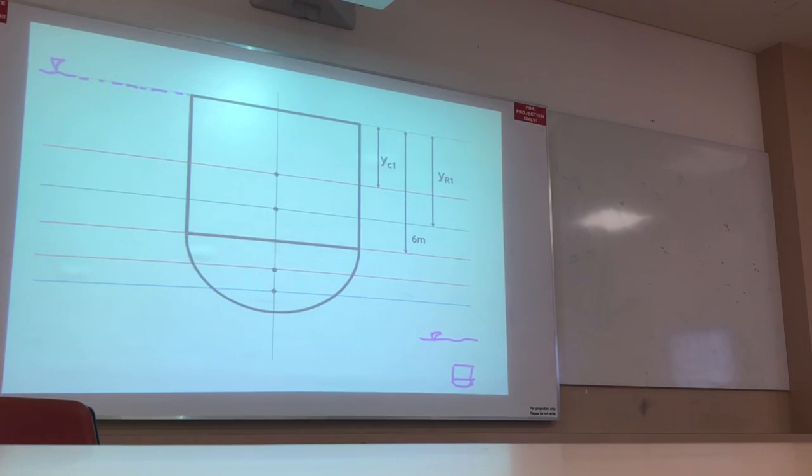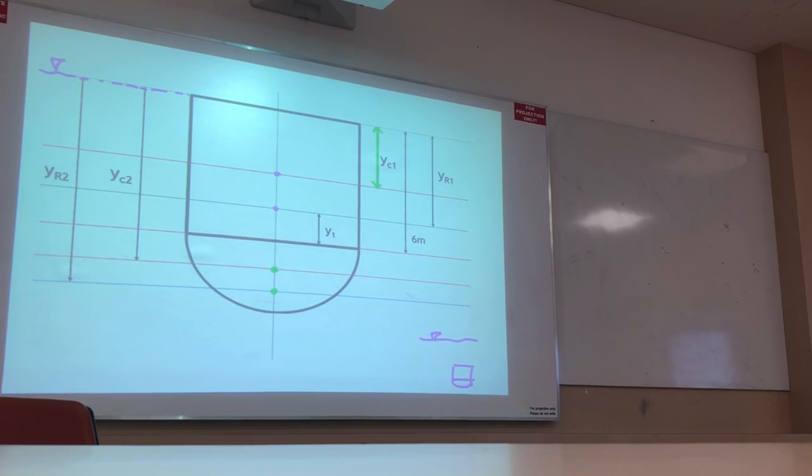Now, what is this? The center of gravity, right? And this indicates the center of pressure of the rectangular object. Similarly, this point indicates the center of gravity for the semicircular object, and this one indicates its center of pressure. So I can calculate the distance YC1, right?